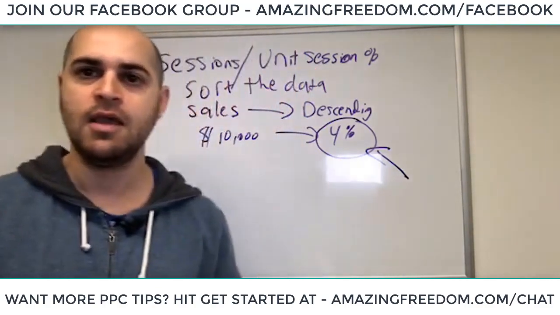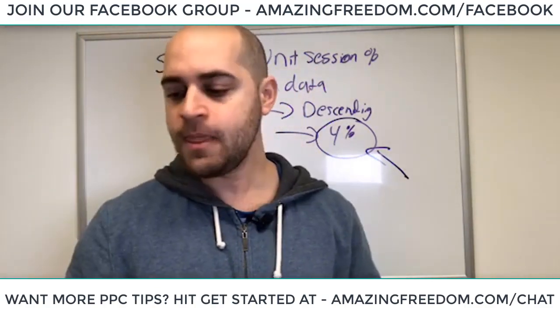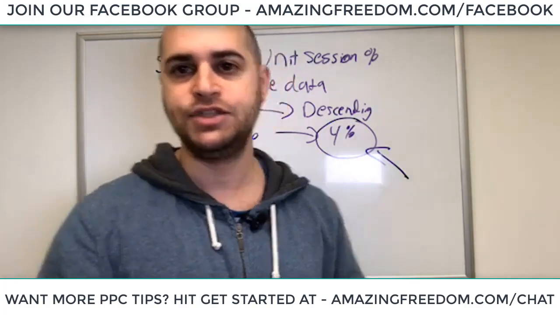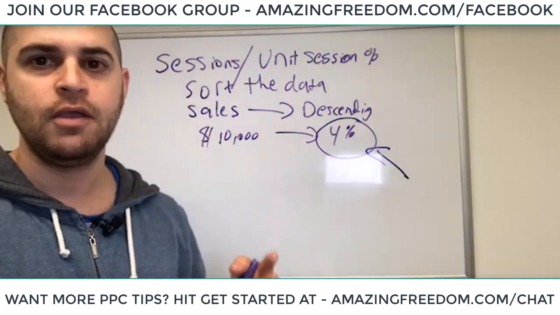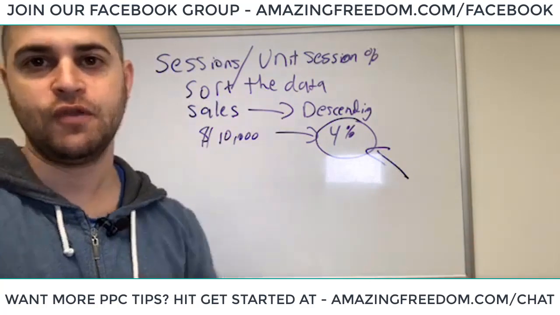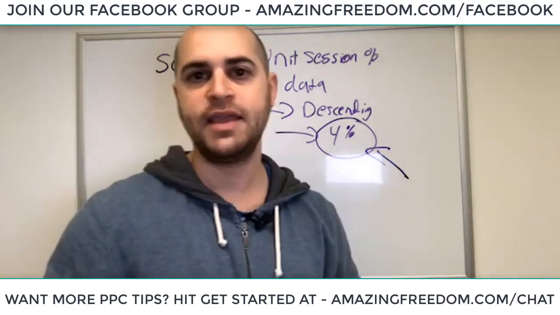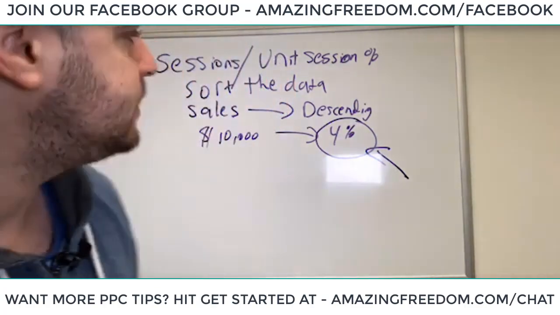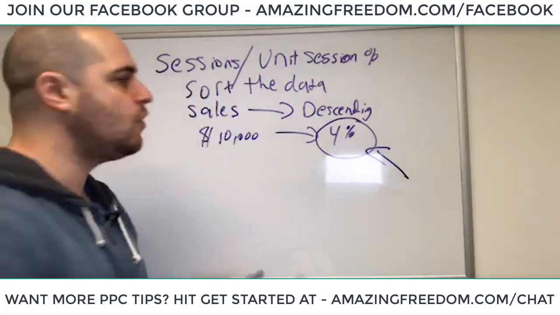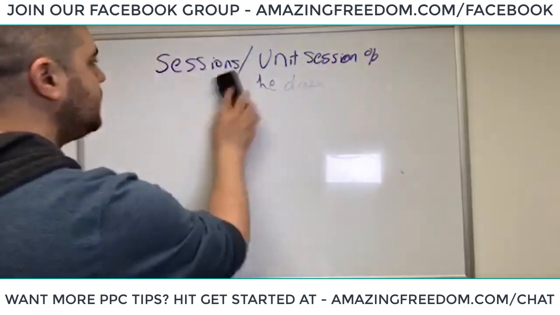So what are some of those changes, right? The first thing we spoke about is just looking at your reviews, for example, and where you are with that, and seeing if you can increase that. One of the other things that can increase your unit session percentage is the amount of units that you're selling.